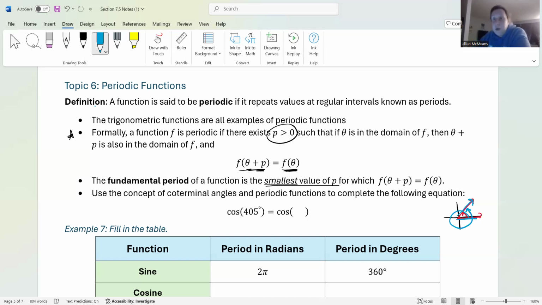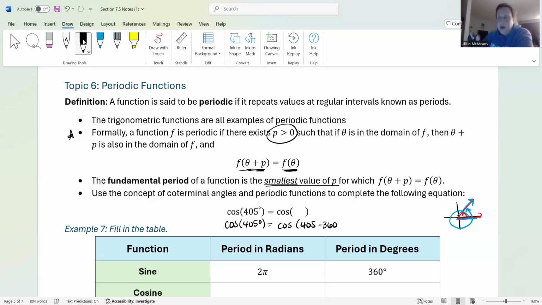So if we look at cosine of 405 degrees, we can see right off the bat that it is greater than 1 full revolution. We know 1 full revolution in degrees is 360 degrees. So the value for cosine of 405 degrees is going to be equal to cosine of 405 degrees minus a full revolution, because a full revolution takes me right back.